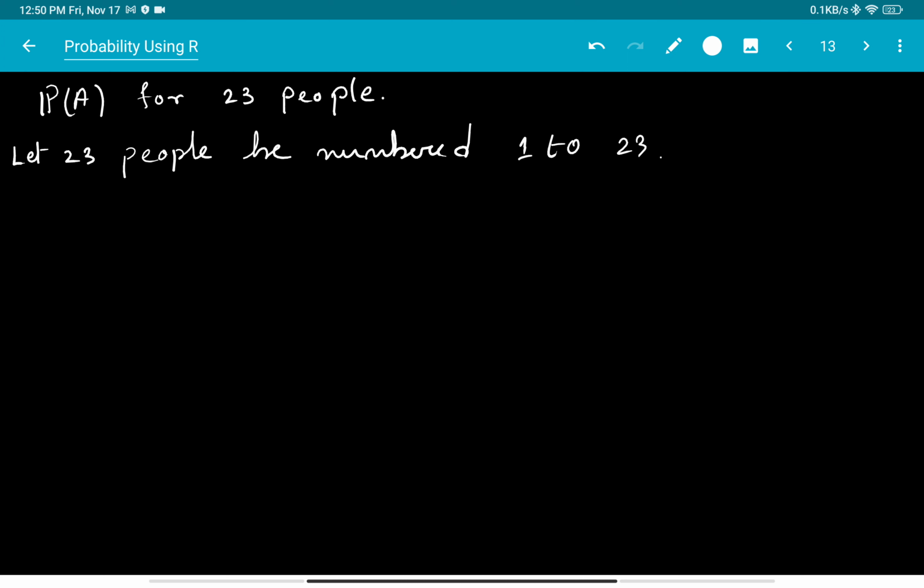Finally, that person 23 doesn't have the same birthday as any of persons 1 through 22. So this is the logic. Let these events be called event 2, event 3, and so on. Event 1 is the event of person 1 having a birthday, which occurs with probability 1.